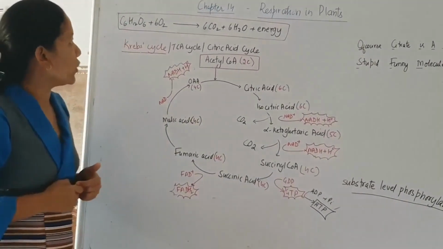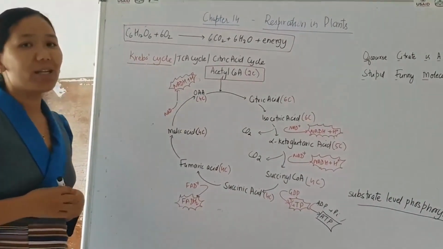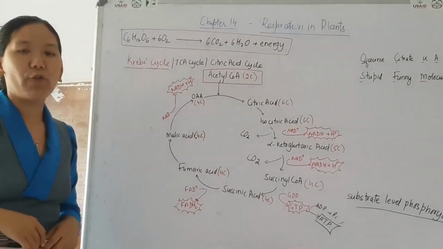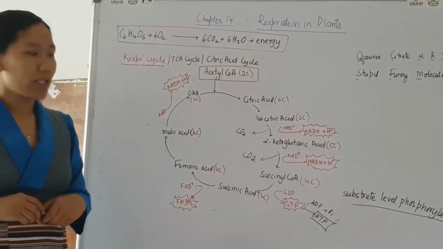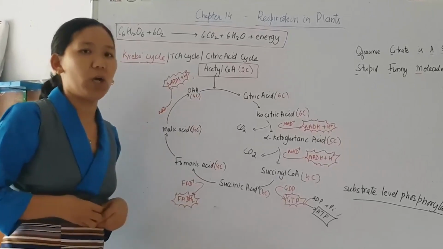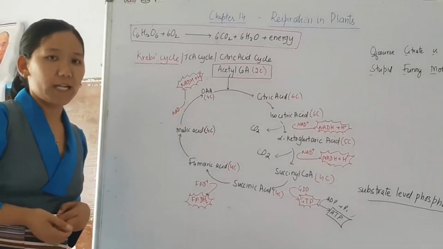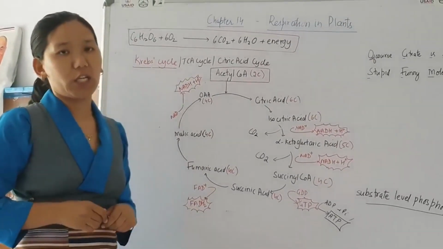And we also know that during the process of respiration, there is a release of a huge amount of energy in the form of ATP, as discussed. Right now, you can see that there is not much ATP. So you may wonder, when will this be produced? The glucose is already being oxidized. And also, where is the use of oxygen?